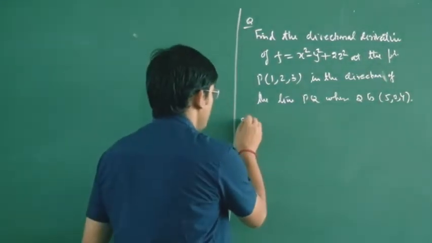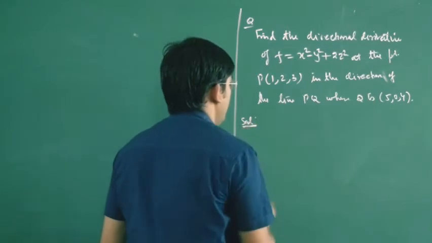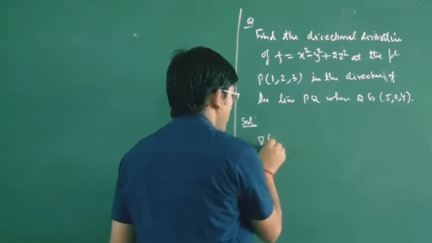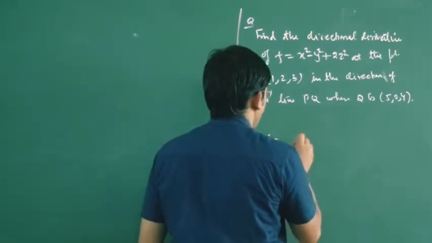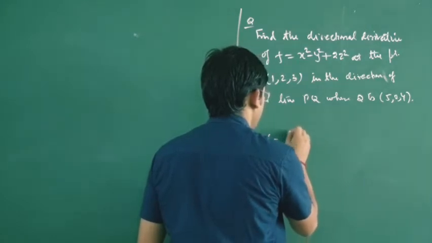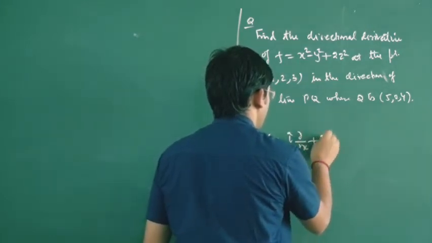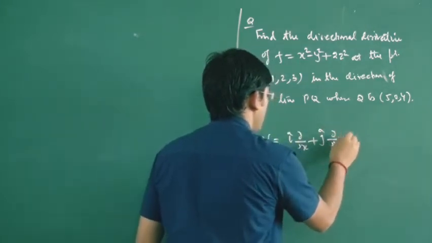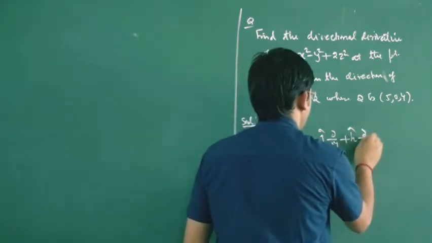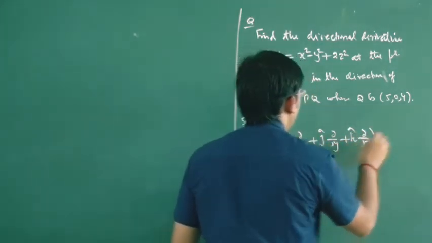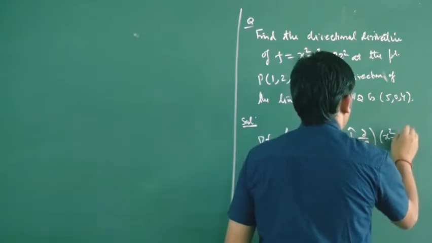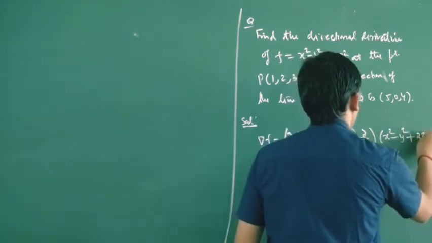So solution: let us calculate grad f. Grad f will be i del upon del x plus j del upon del y plus k del by del z of x square minus y square plus 2z square.